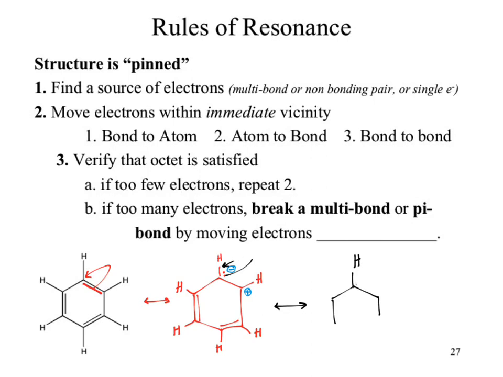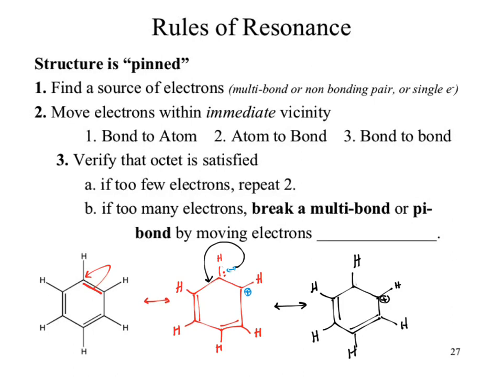Oh, I'm going to get really dicey with this erasing. So I'm going to move it instead to here. Atom to bond. And I had an opportunity with the other one that I missed, so we'll take it here.